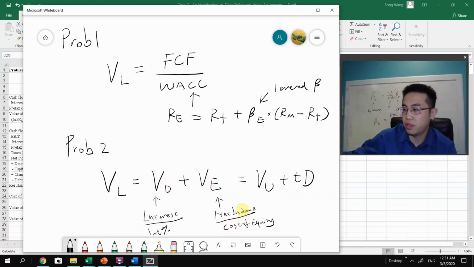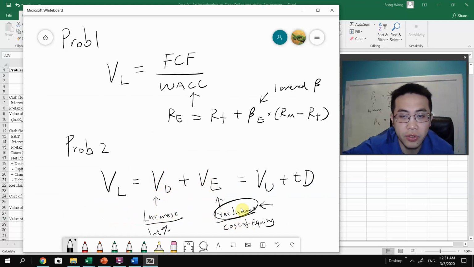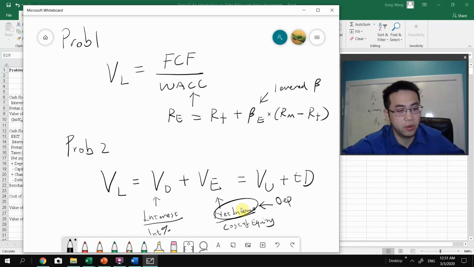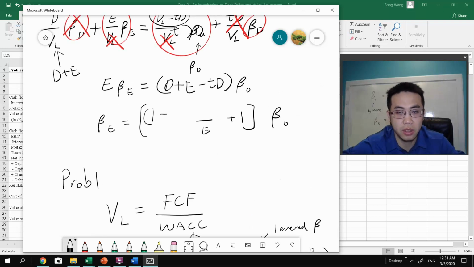And I have to put some improvement here for the net income. I actually have to incorporate depreciation. Looks like an O, sorry. Oops.